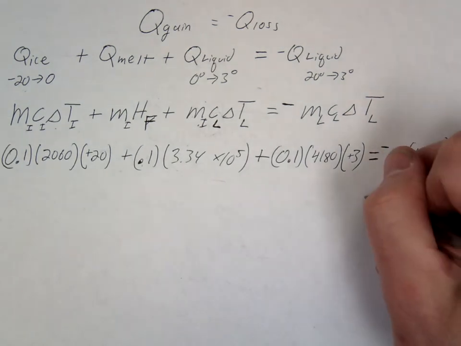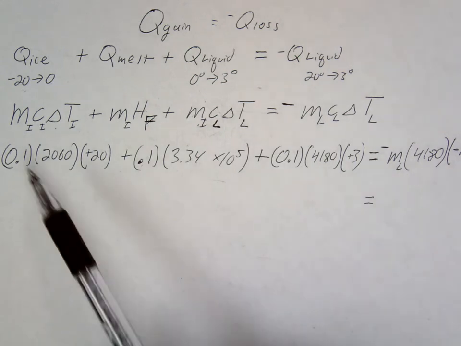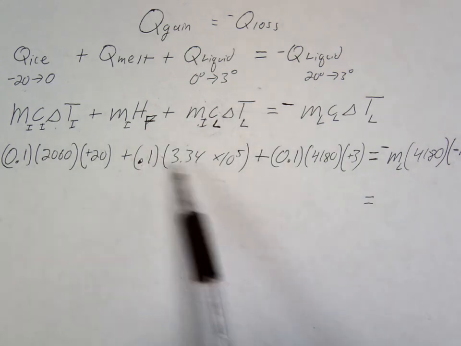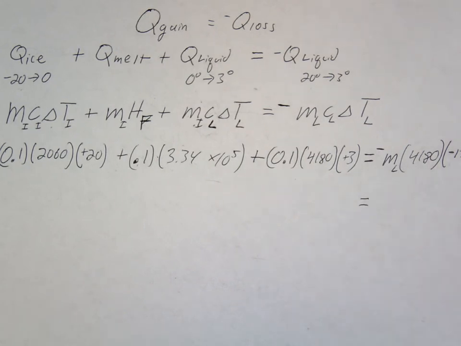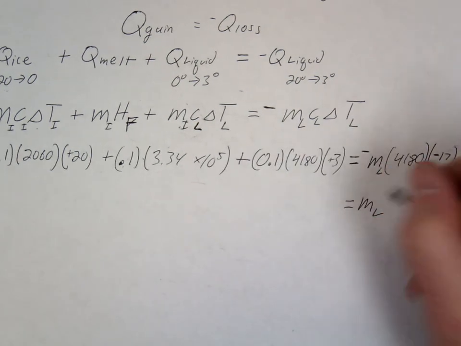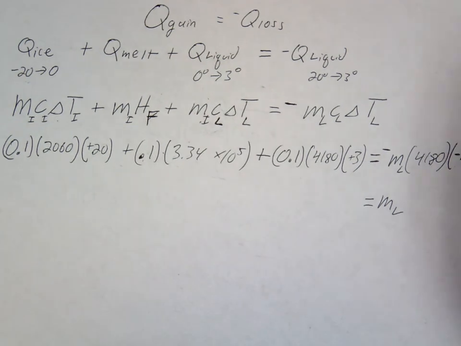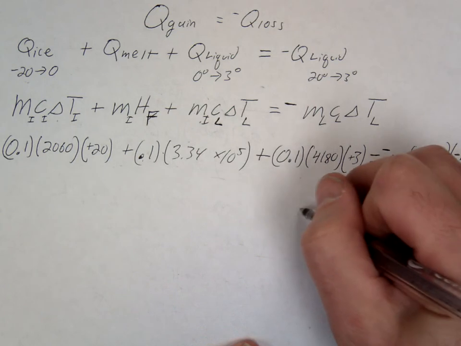Alright, go for it. Algebra is actually not that bad here. Just do all the math on the left. And then divide by these. Someone get the answer yet? 0.55, is that confirmed?